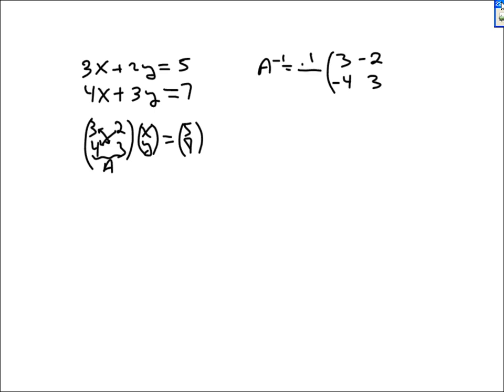And then you divide by, 1 over 3 times 3, which is 9, minus 4 times 2 is 8. 9 minus 8 is 1. And 1 over 1 is just 1. And if you multiply each of those entries in the matrix by 1, you get this. This is the inverse. Okay? So let me just write down the problem because I wrote on it a bit.